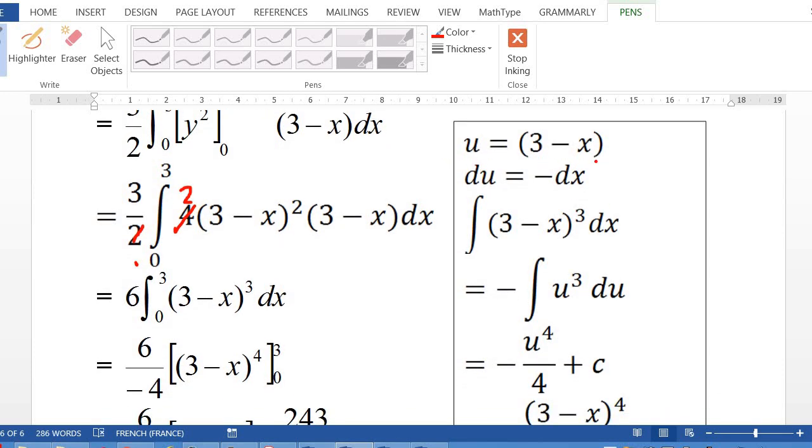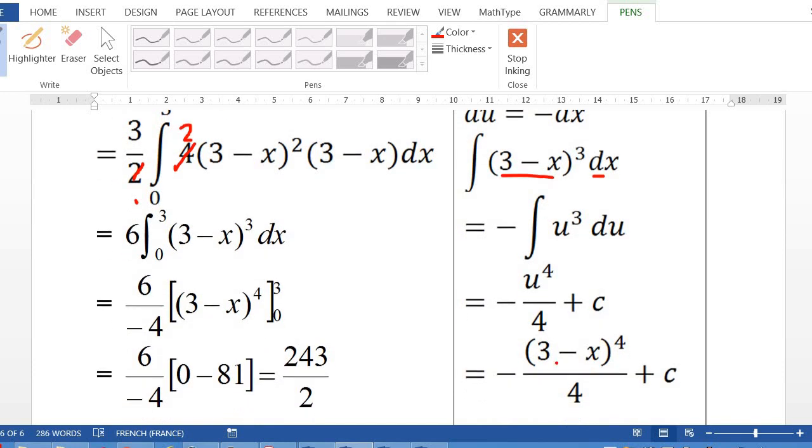Let u equal 3 minus x, then du equals negative dx, so dx is replaced by negative du, and the integral is negative u cubed. Integrating gives negative u to the power 4 over 4. Putting back u as 3 minus x, the result is 3 minus x to the power 4 divided by negative 4.